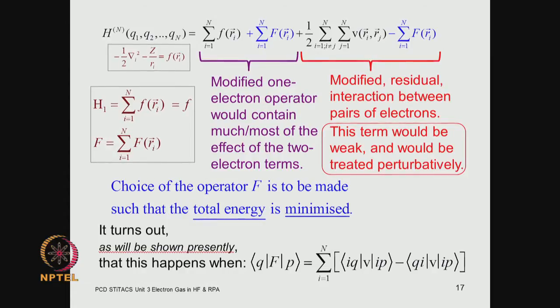So, this operator, the criterion being that it is to be chosen such that the total energy is minimized, is the same variational principle which we invoked in the Hartree-Fock self consistent field method.